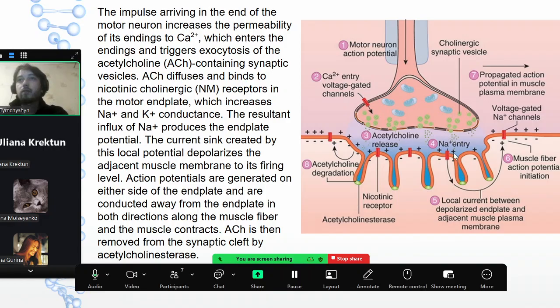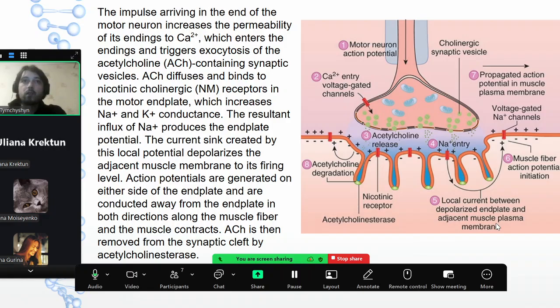So sodium enters. The potential on the membrane is changed due to the entry of the ions. Of course, the voltage-gated channels will sense that change in the potential, and it depolarizes.